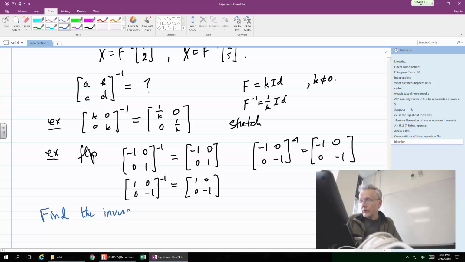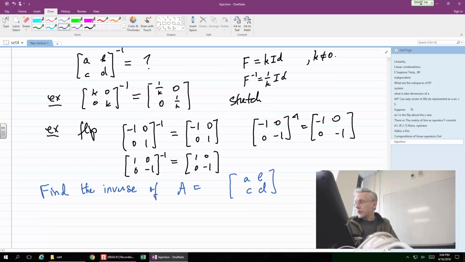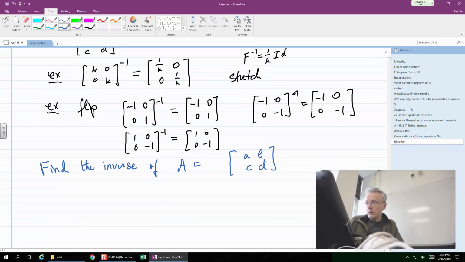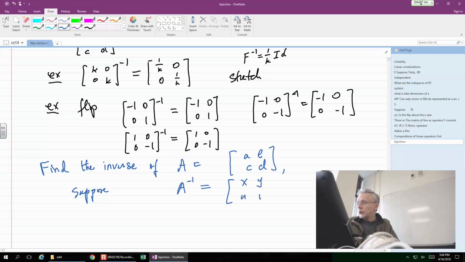In the general case, we did something like that already. A is equal to [a, b; c, d]. So we just write it out. Let's suppose A inverse is some matrix [x, y; u, v]. Okay, and then we go straight back to the definition and write it out.